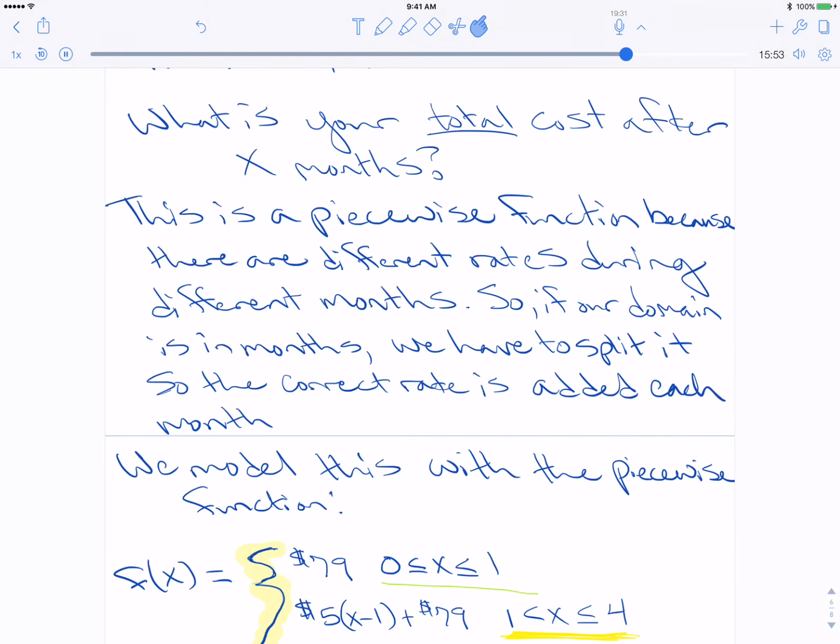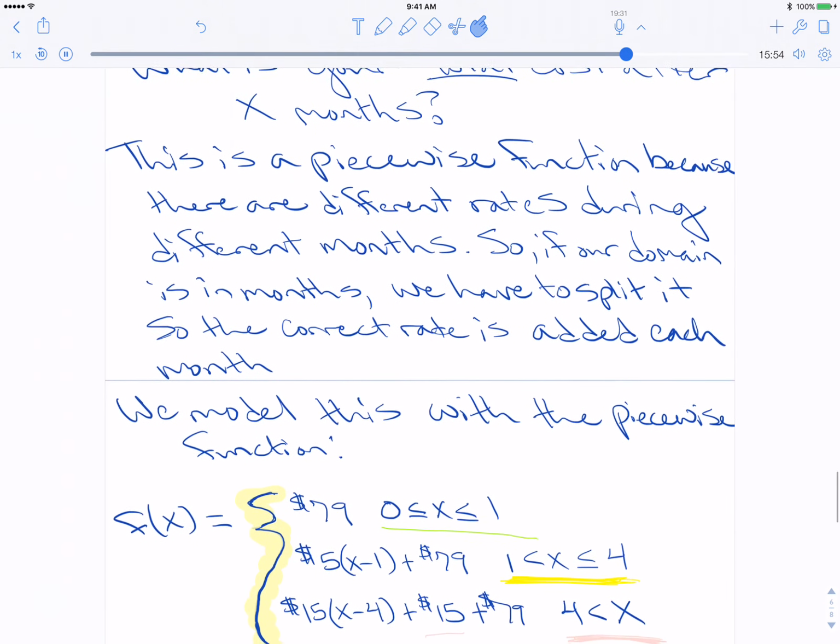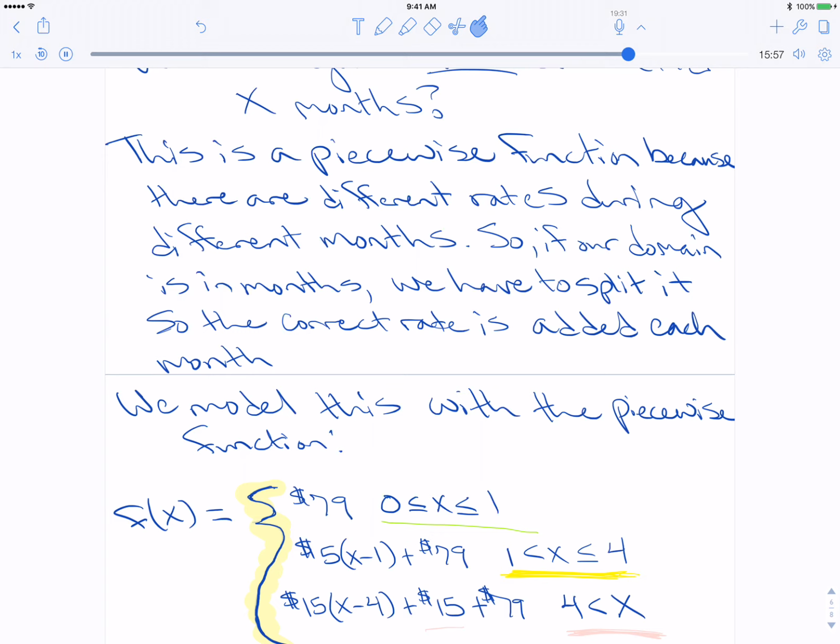Finally, after so after that 4th month has passed, then you have to account for the $15 per month. But you also have the 3 months that you spent $5 a month. So you have to multiply 3 months times $5 per month, cost me $15. So I add the $15 here, and then I still have the initial 79.